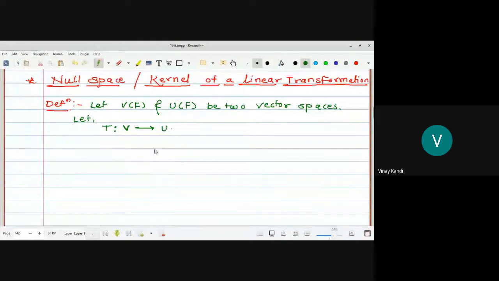This function is a linear transformation, that means it satisfies the two conditions, vector addition and scalar multiplication. T is the function from V to U via linear transformation.